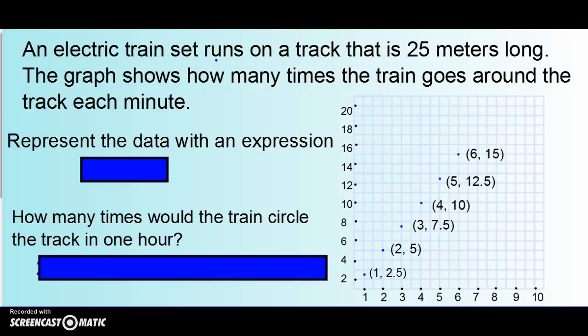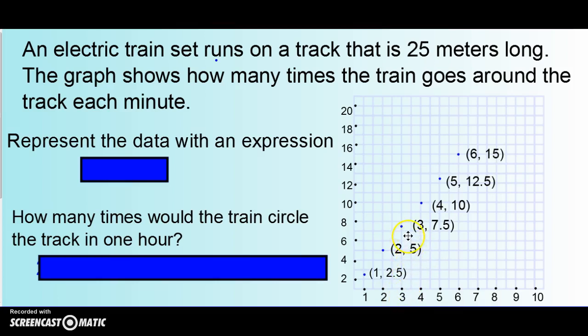All right, an electric train runs on a track 25 meters long. How long does it take to go around the track? Or, how far do you get each minute? And so notice, after the first minute, you go around the track 2.5 times. After the second minute, you've gone around the track 5 times.